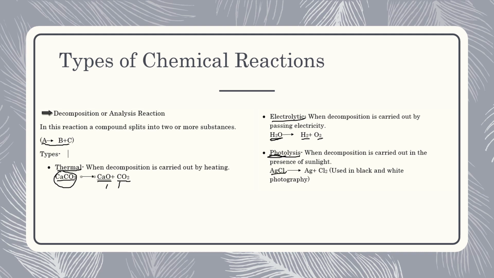So this whole compound is breaking down into silver and chlorine due to the presence of sunlight. Sunlight, I'm not able to draw, sorry. Yes, sunlight. So this we can use in black and white photography where we have the cameras and all. So let's move on to the next one.